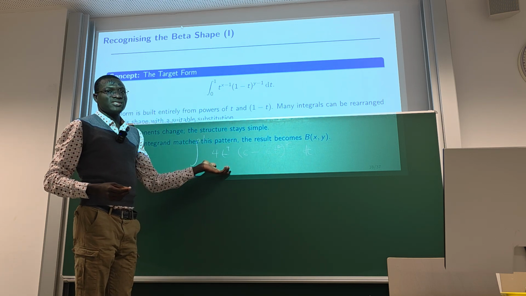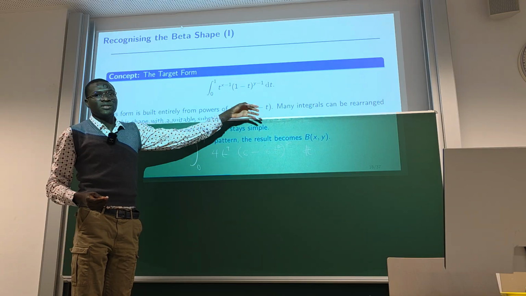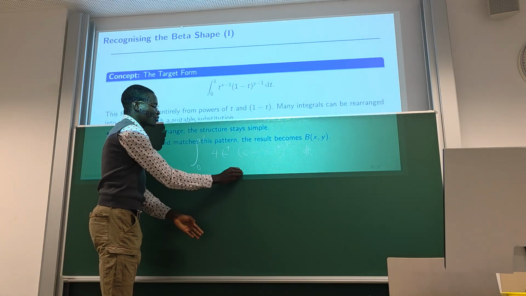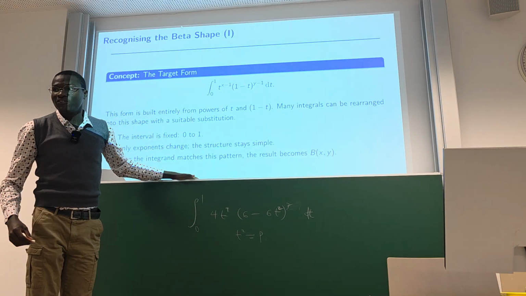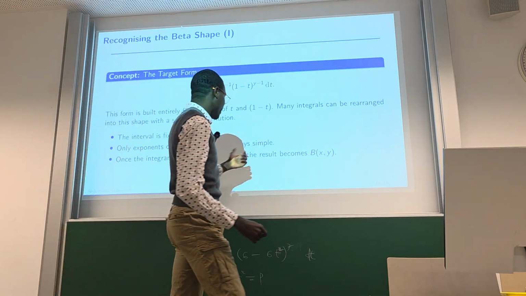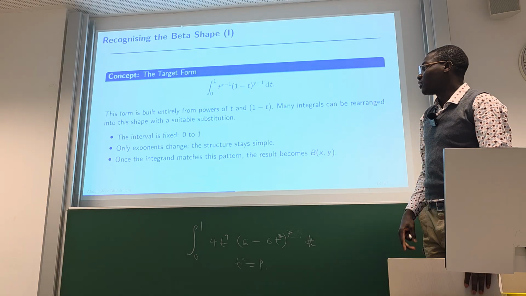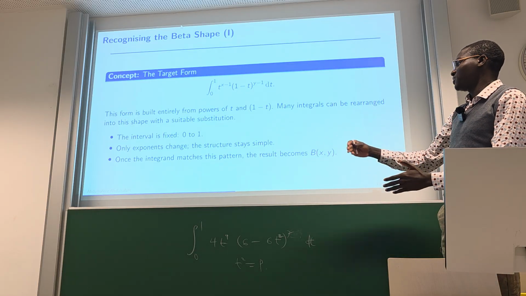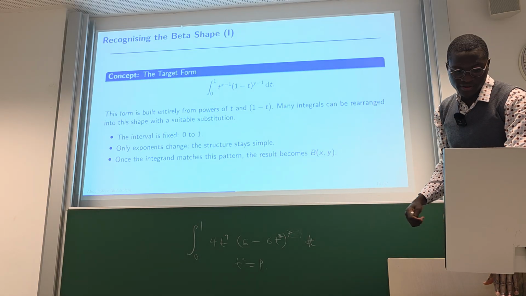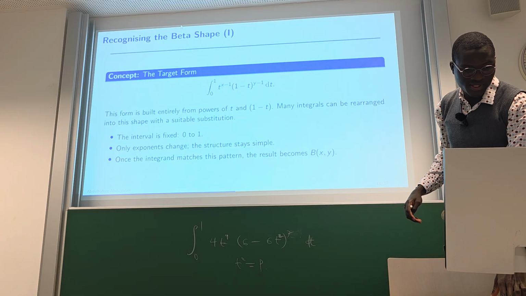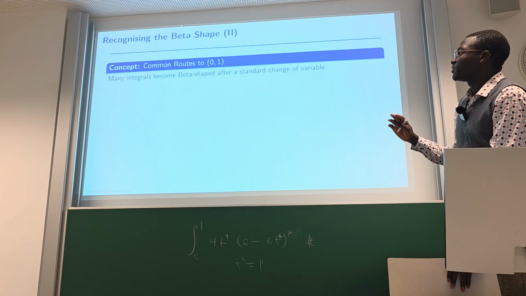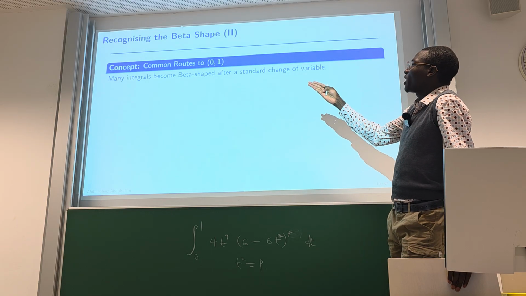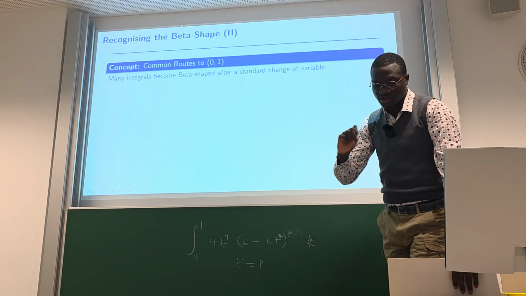You could just bring out the 6, make some substitution for t, maybe t squared equals p, and you just arrive at this form. So that's what I mean by the third line. Once the integrand matches this pattern, the result becomes beta(x, y). So it becomes of that form. So many integrals become beta shaped after a standard change of variable.